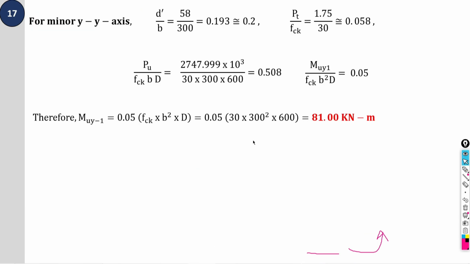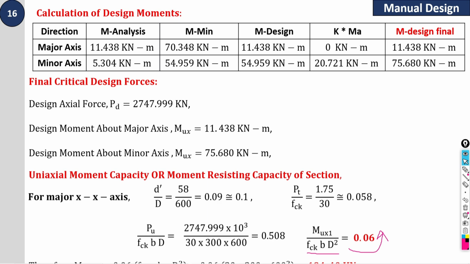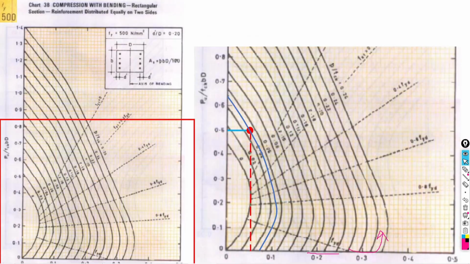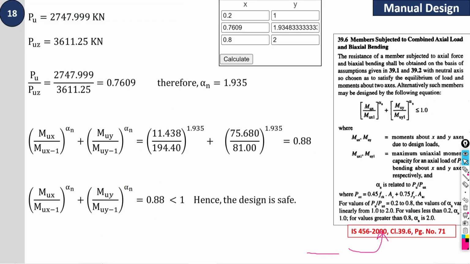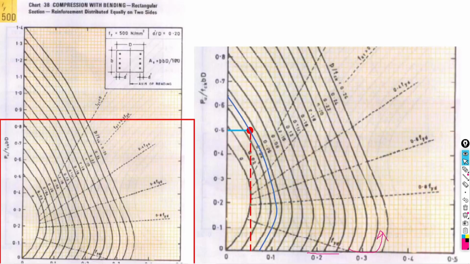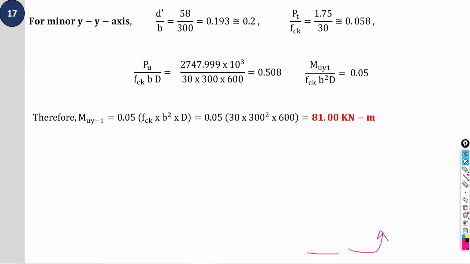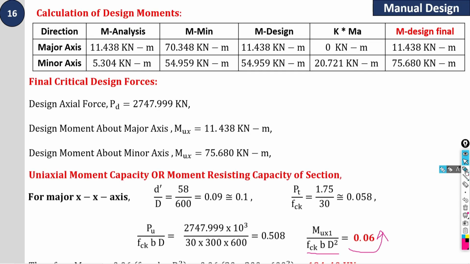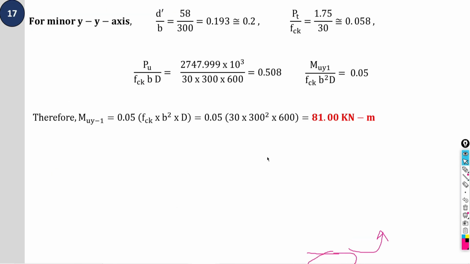Let me check what value it is coming. It is coming out to be 194. After doing this calculation, we are getting the value of 194. Let it be here. Now moving ahead, for the y direction, d dash by B is 58 divided by 300, 0.2, and we have to use that chart.